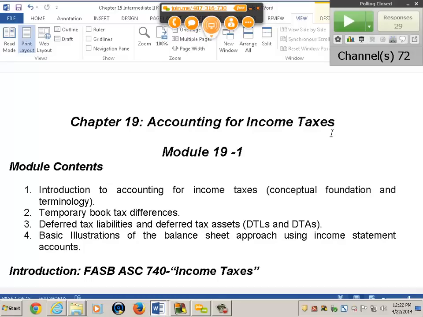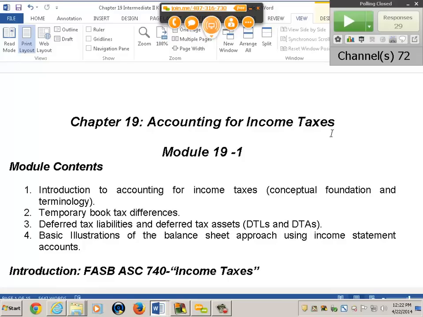On your tax returns, you have taxable income, and your tax payable is based on that taxable income.